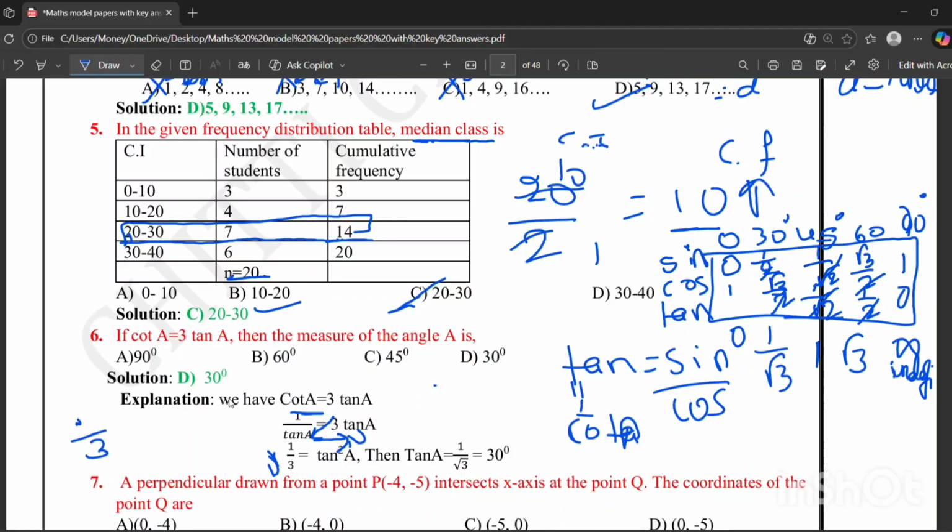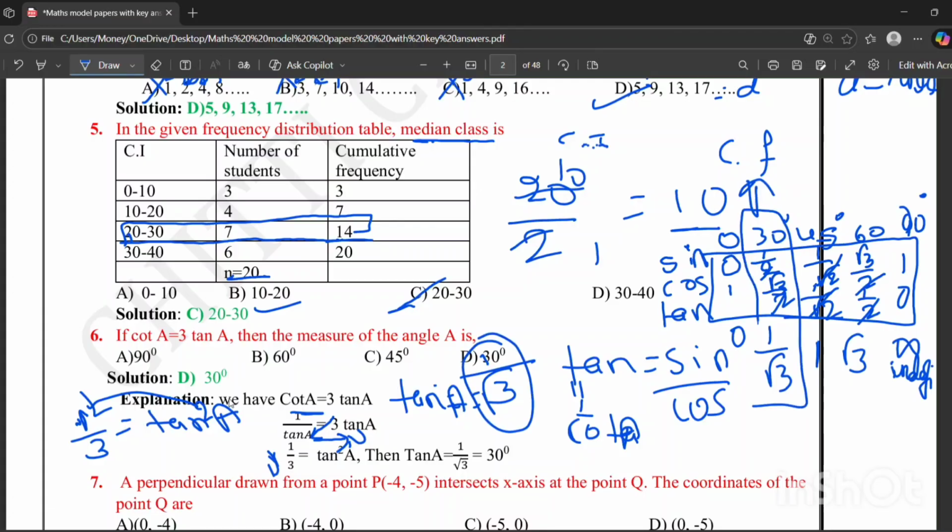So it will be 1 by 3 equals tan square A. So send this square to this side. What will happen? It will come tan A equals 1 by root 3. Where is the value of 1 by root 3? It is in the 30 degree column for tan. So our answer is D, 30 degree.